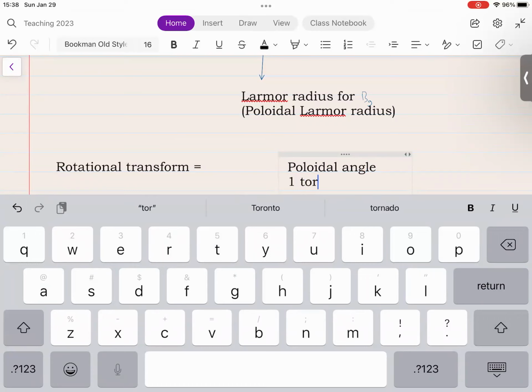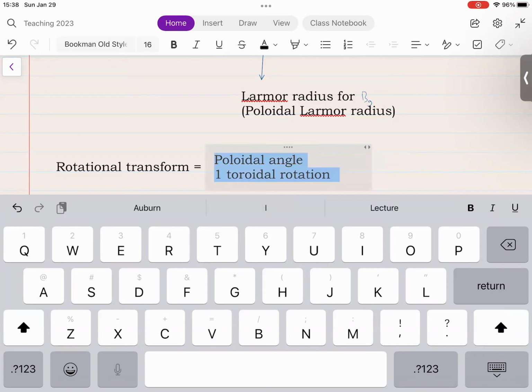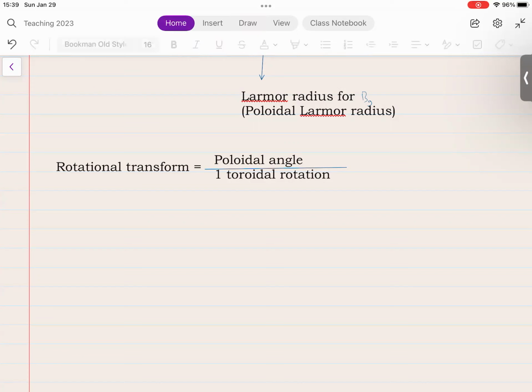The two options are that we can define the rotational transform as the poloidal angle over one toroidal rotation, but an alternative is to define it as just the poloidal angle over the toroidal angle.